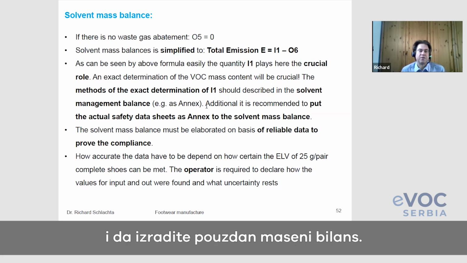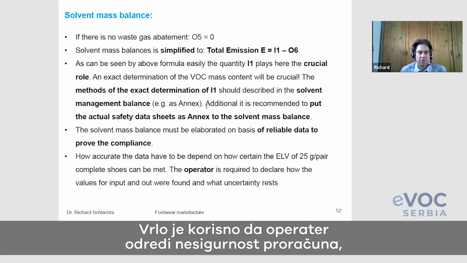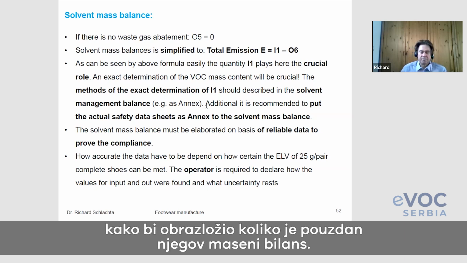And finally, you must elaborate a reliable mass balance. So it is very worthwhile if the operator does something like an assessment on the uncertainty to explain how reliable the mass balance is.